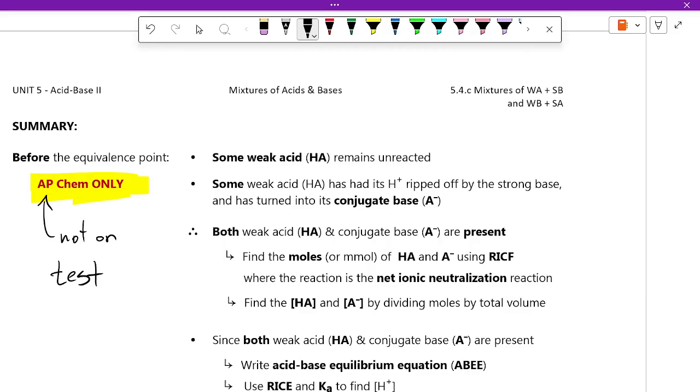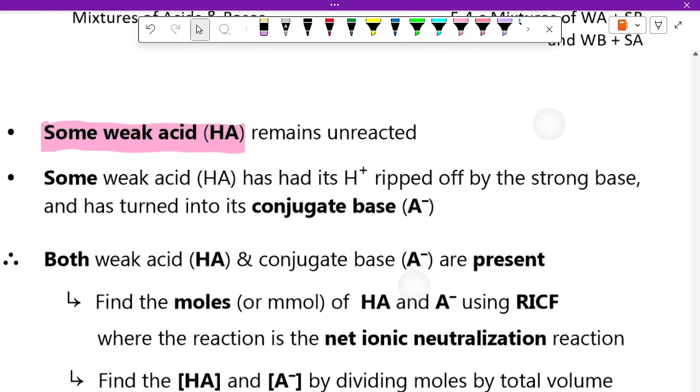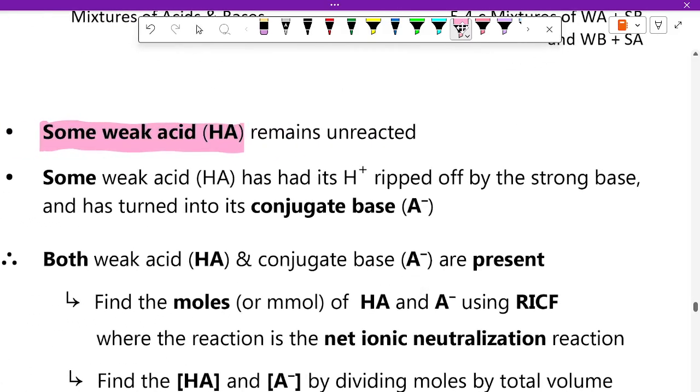So before the equivalence point, we have some weak acid. That's why it's pink. No, because that's red. I don't know. Anyway, some weak acid has had its hydrogen ripped off by the strong base, and so we have some conjugate base. Yes?